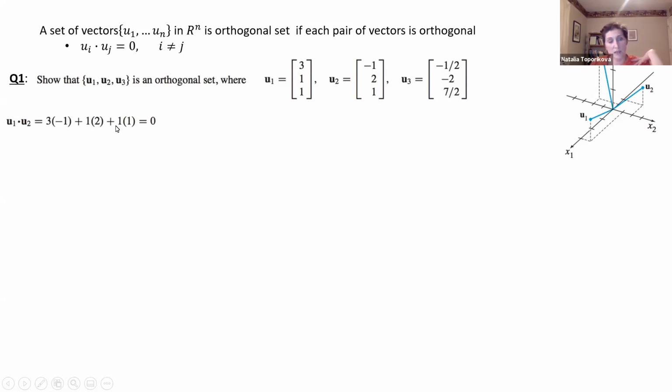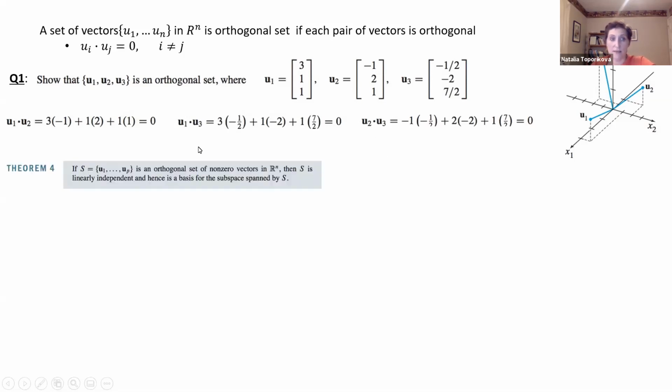We calculate the dot product, and it gives us 0. Let's take u1 and u3, again 0. Third pair, u2 and u3, still 0. So because the dot product of each pair is equal to 0, we can safely conclude that that particular set is an orthogonal set.